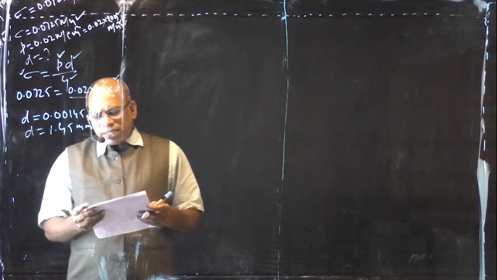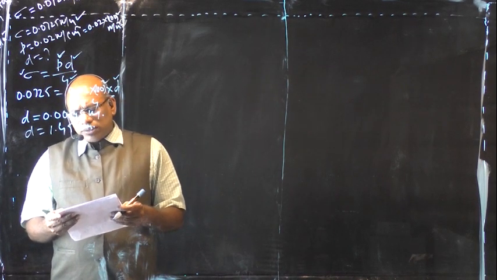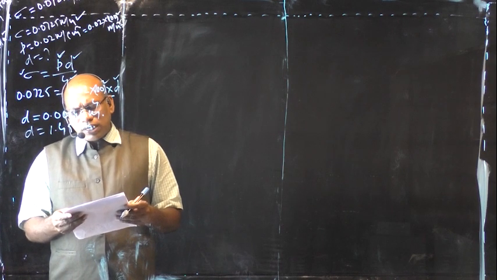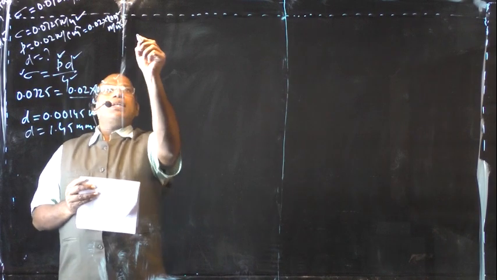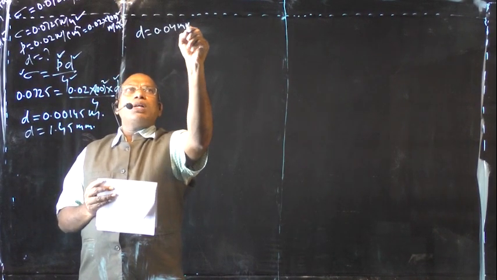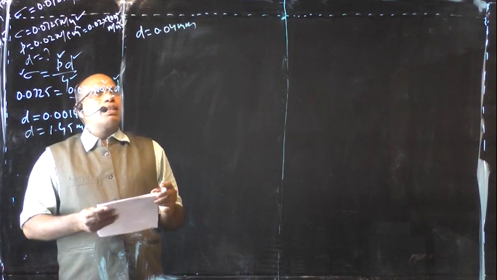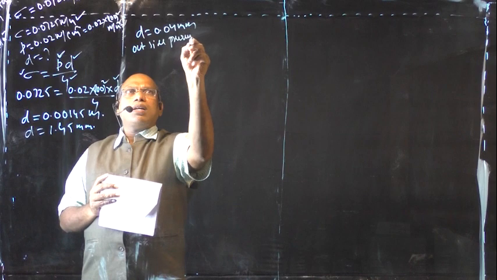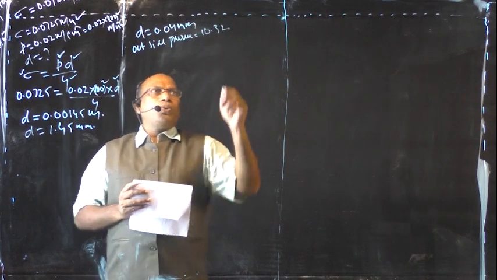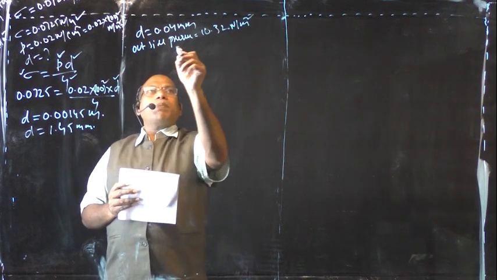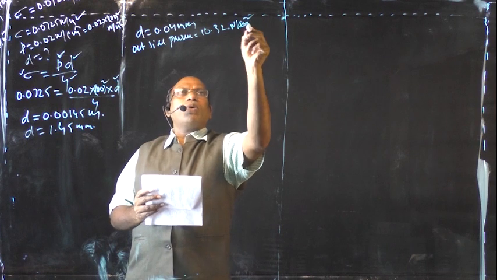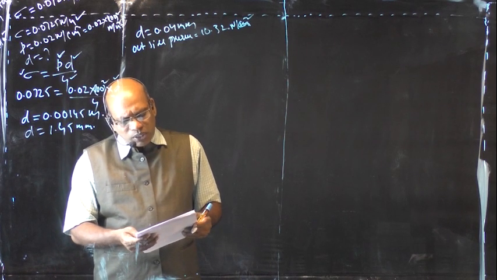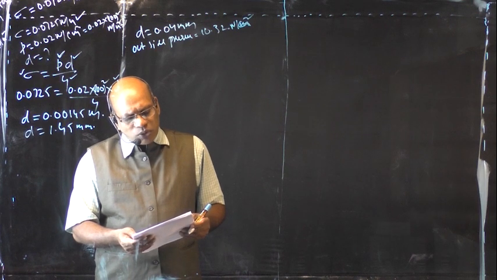Another problem: the pressure outside a droplet of water of diameter 0.04 mm is 10.32 Newton per cm square, not meter square.